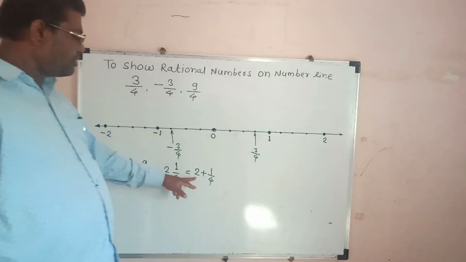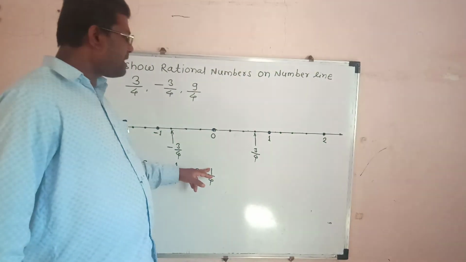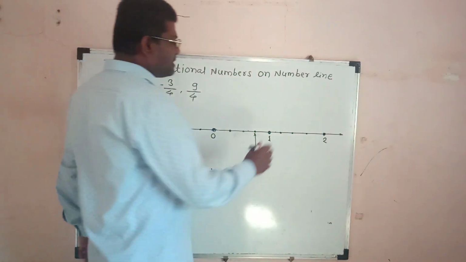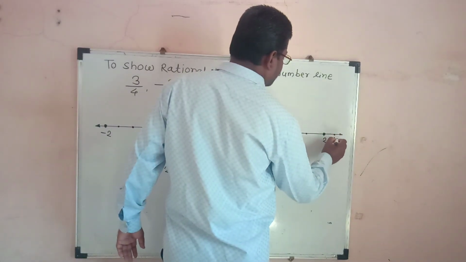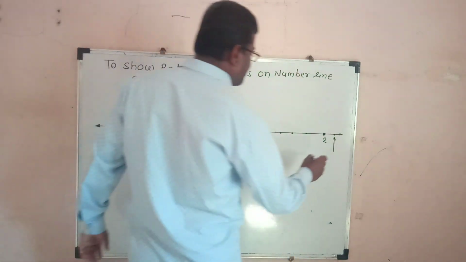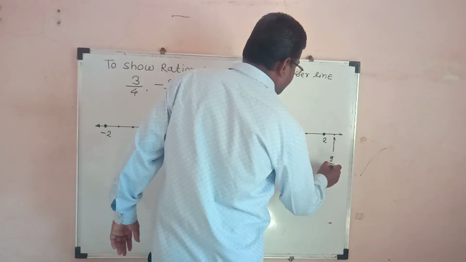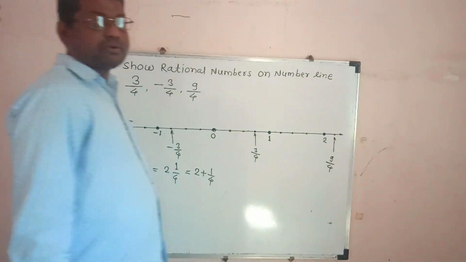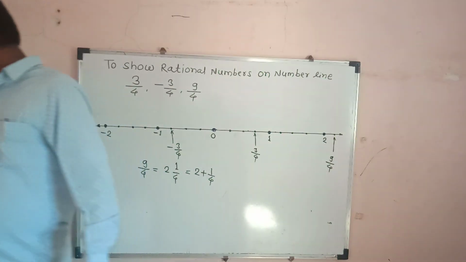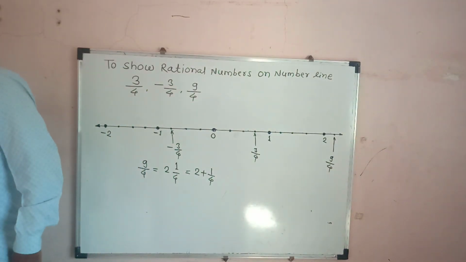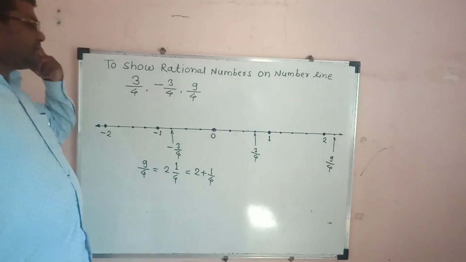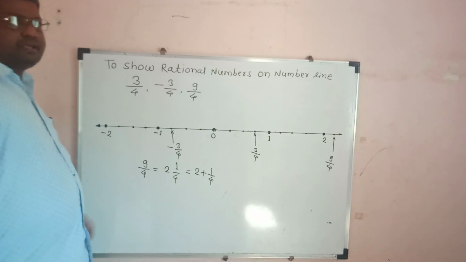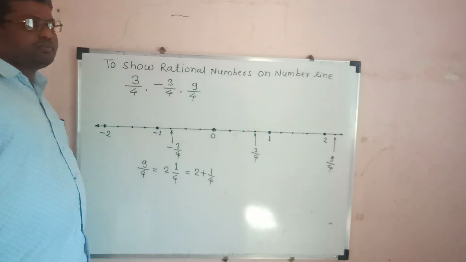This means 2 complete and 1 part. This will be 9 upon 4. In this way, we can indicate any rational number on the number line.